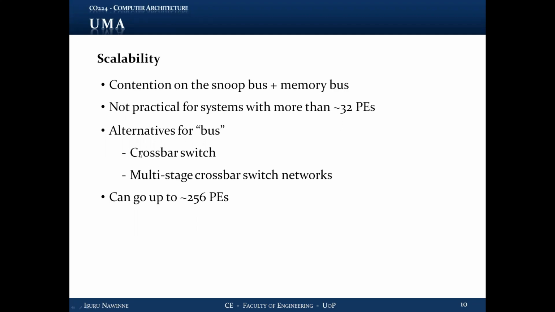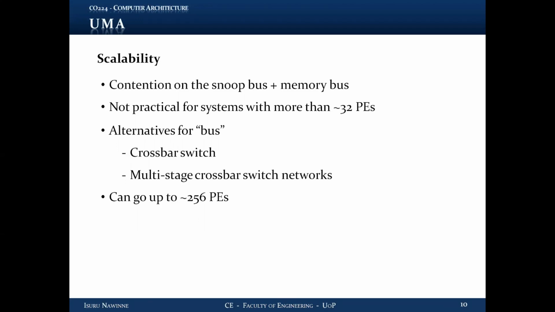You can use multiple crossbar switches in a multi-stage network if you are dealing with a large memory address space distributed over several memory banks, but still accessed in a symmetric manner by a large number of processing elements. If you use such technologies, you can go up to roughly 256 processing elements in the system.